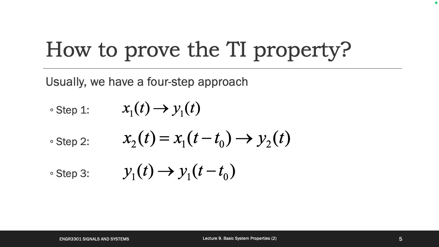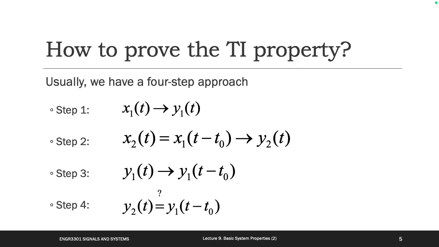Then we have the y(t) equation. We can let t equal t minus t naught and get this equation and this result. Then we compare this one and this one.